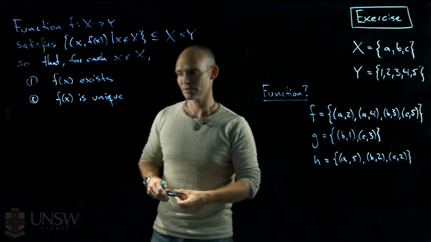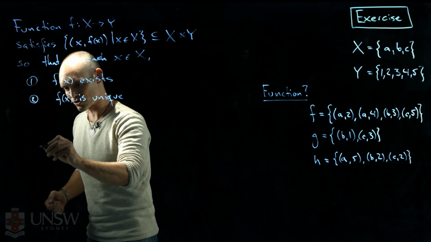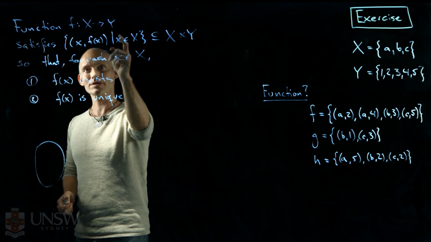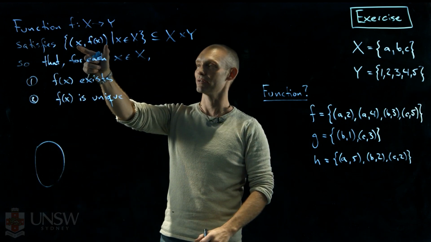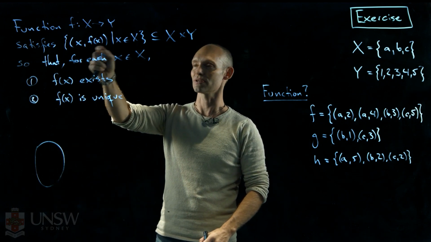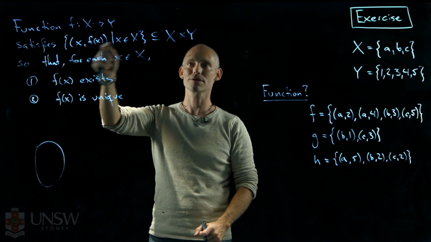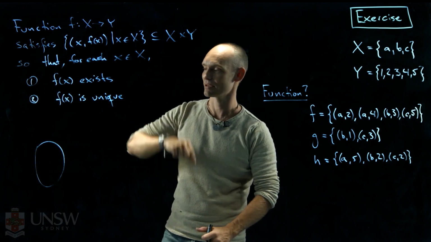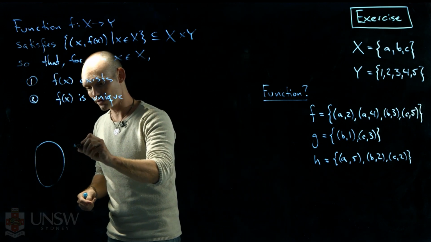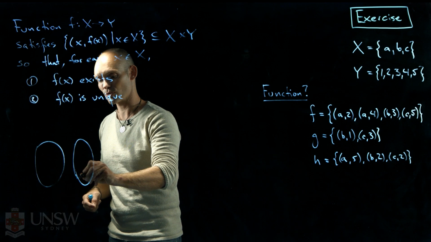We can draw this in a way that's instructive. A function here, you could consider it to be ordered pairs, x and the function value of x, and in that way of seeing it, you'd find a set of these ordered pairs, which is a subset of the Cartesian product. And if you do that, then you have two situations that you want to avoid.